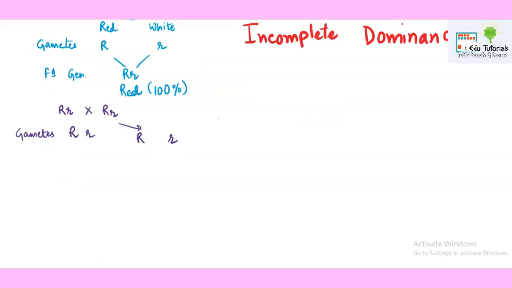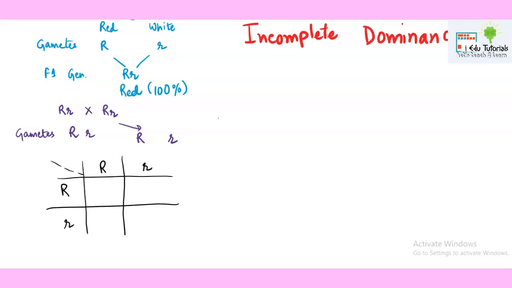We will make the Punnett square here, with capital R, small r as the male gametes, and capital R, small r as the female gametes. We will mention male and female, and these will be the genotypes of all the offspring that we will attain in the F2 generation.